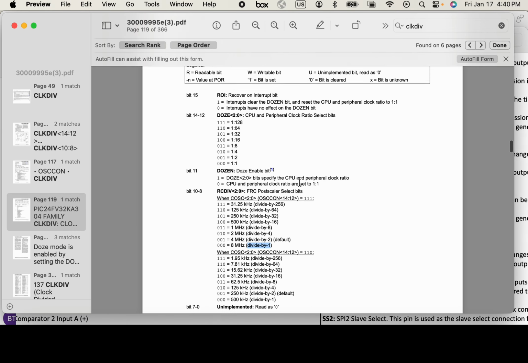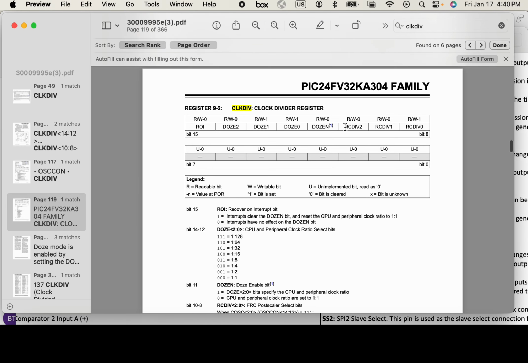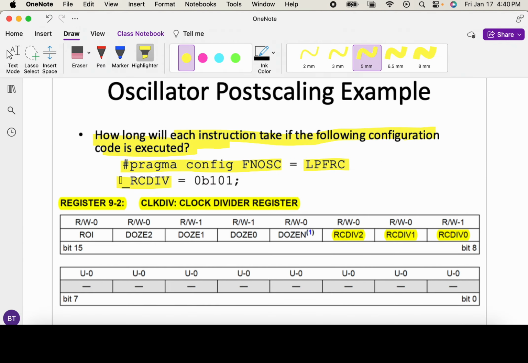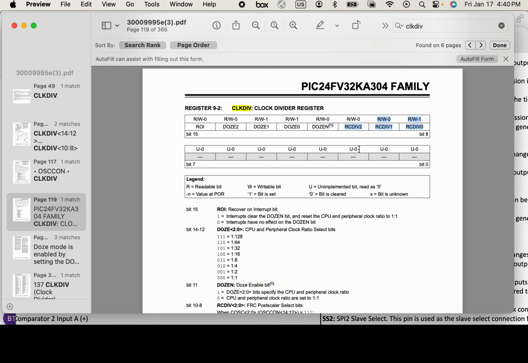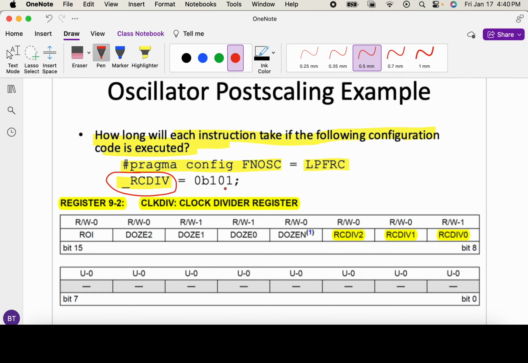You'll notice these bits here can be set using this definition. So _RCDIV equals, you set that equal to a number, and that will directly set these 3 bits in runtime. Okay, so for the 500 kilohertz oscillator, we're going to set RCDIV to 101.